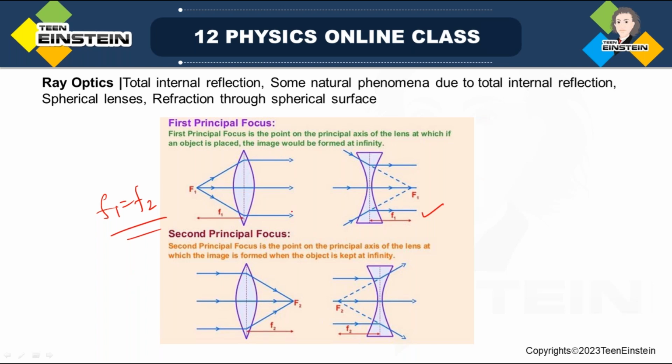That means, since the lens is transparent and F1 is equal to F2, you can use these lenses from both sides, from this side and from this side also. All right, so these are the principal foci.